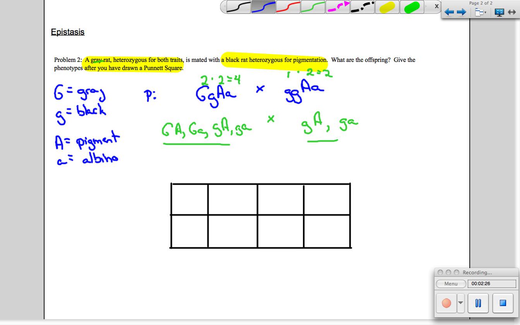Now that I have my box drawn, I'm going to go ahead and put my gametes here, and my other parental gametes down the side.